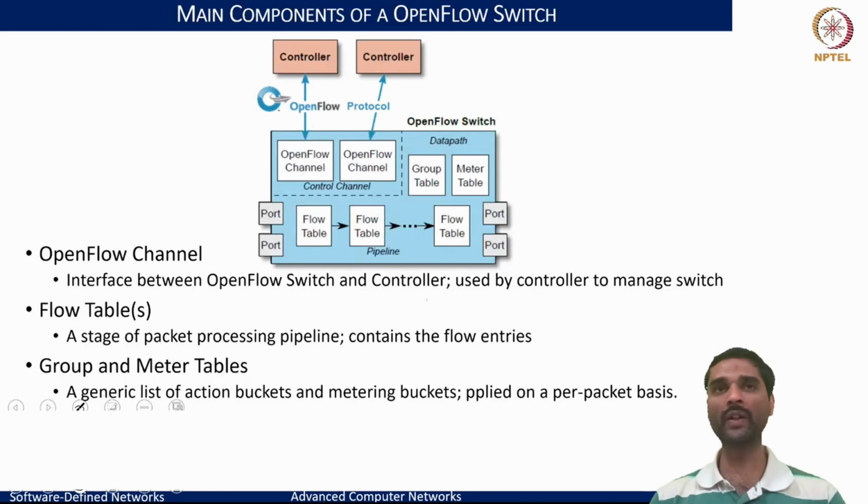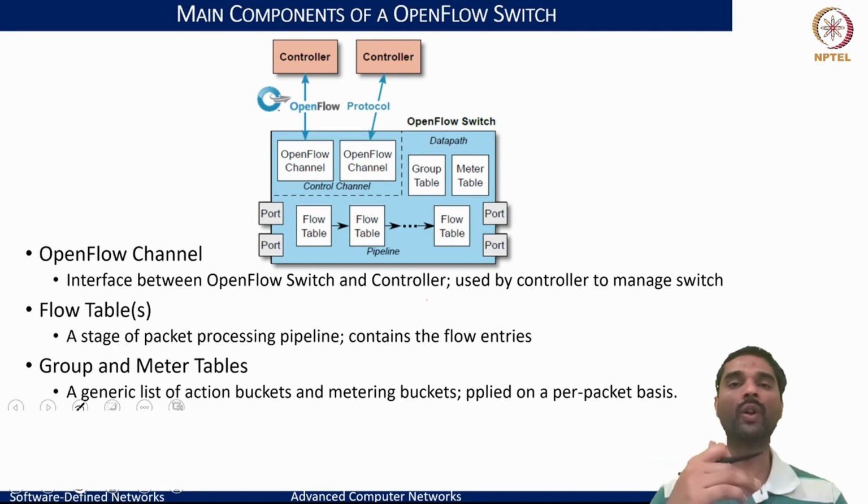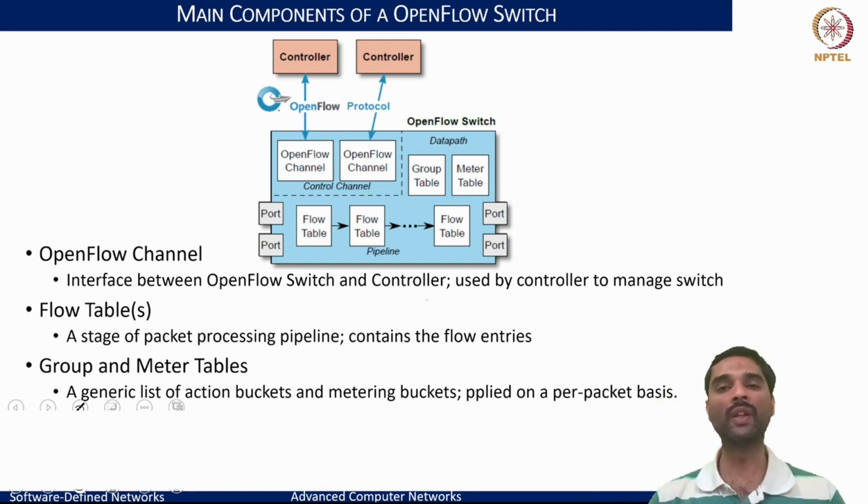So I've tried to summarize the essential aspects of how the SDN controller would behave and what OpenFlow is and how that can be used to set specific rules. But what does it mean to look at an OpenFlow switch if we have to understand it in a very broad sense?